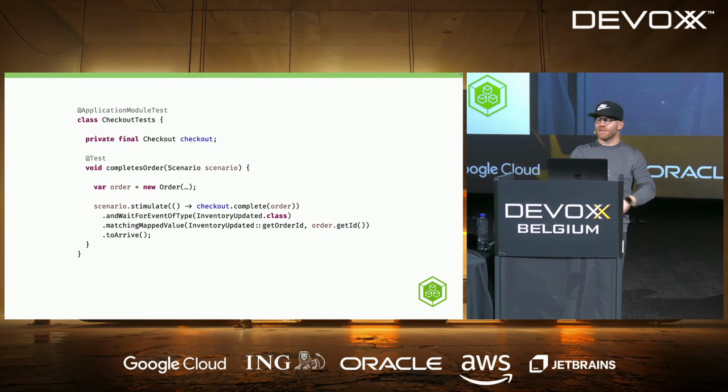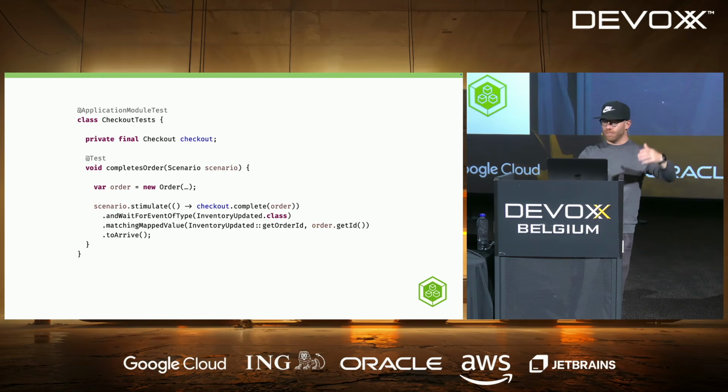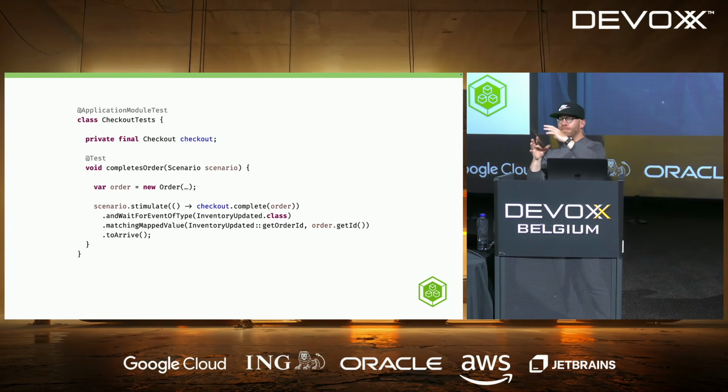So we decided, similar to the assertable application events API, there's a new scenario API that allows you to formulate how you would like the module to react to stimuli that you put onto the module, right? That's where the method stimulate comes from. So we let you think of the module as a box that you cannot look into, but you can only poke it. Maybe I should have called the method poke.